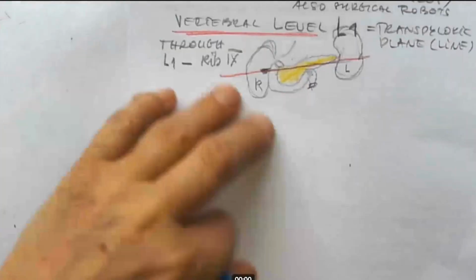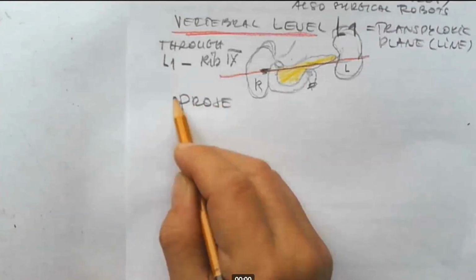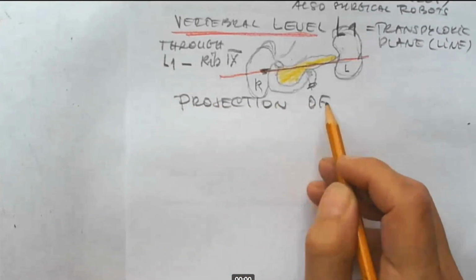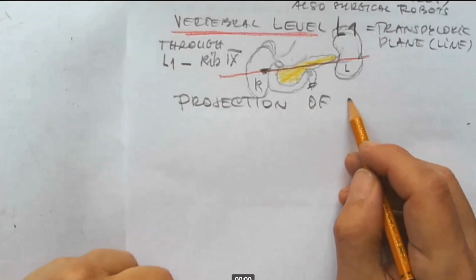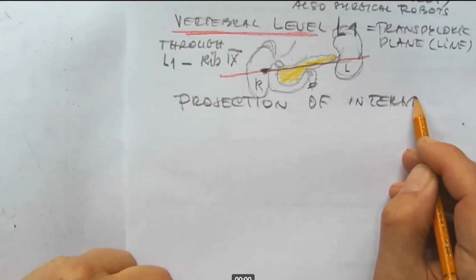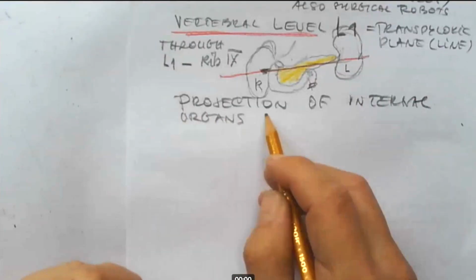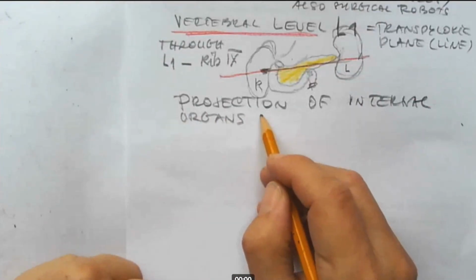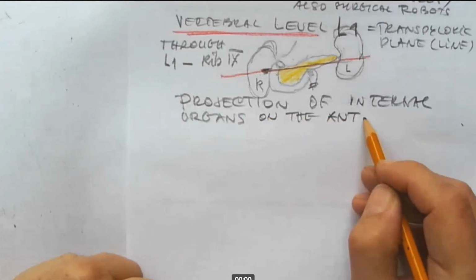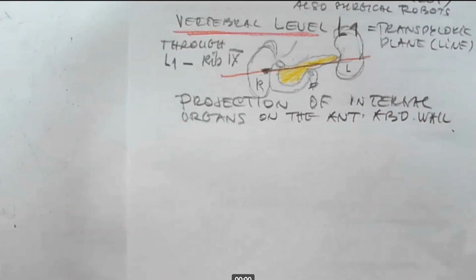Then we need half a page for the projection, a very important topic: projection of internal organs on the anterior abdominal wall, just abbreviations, right?